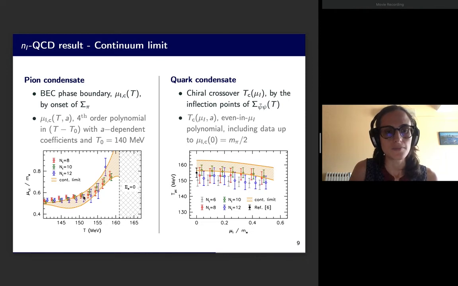And there are interesting ways that one can take this continuum limit, which are described also in the slide. When it comes to looking at the quark condensate, one looks for the inflection point in the chiral condensate as a function of the temperature, now with reversed axis, and performing polynomial extrapolations to the continuum limit, one can get the shaded orange area, which is the result in the continuum limit.